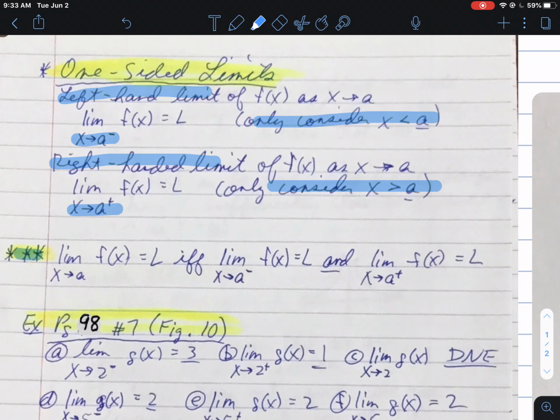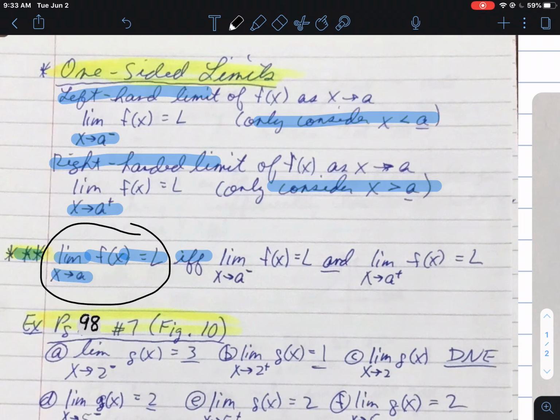To say that the limit as x approaches a of f of x equals L, this is true if and only if. That's an if statement with 2 f's. It's not an if, it's if and only if. So that's a powerful if statement. So in other words, this happens only if the following statement is true.